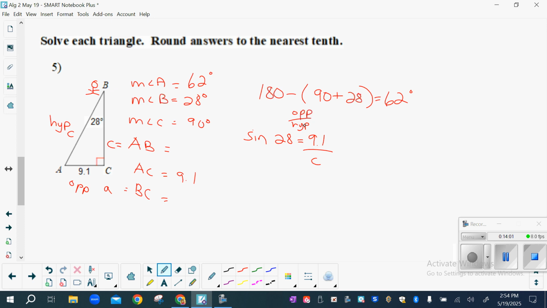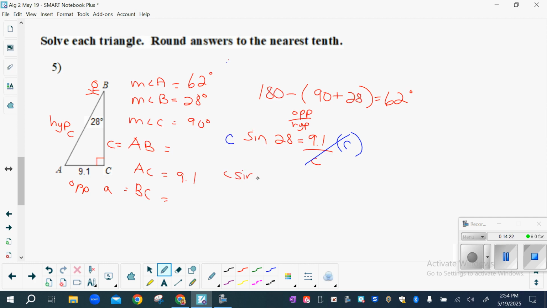What do you do next? I've got to multiply by C on both sides. That's right, we've got to get the C out of the denominator, so we multiply both sides by C.